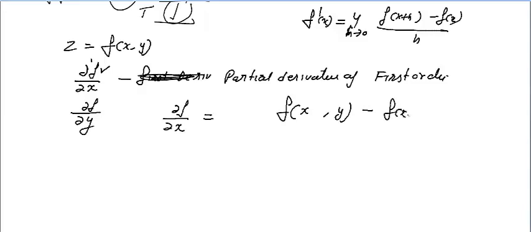Same definition. Now you are finding the change in f with respect to x, so you are only changing x. In place of h, I am going to take delta x, a small change.